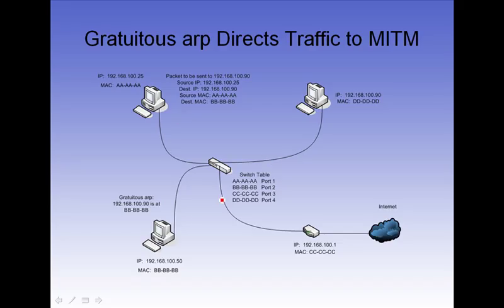But now at some point before the .25 machine wants to send a packet, the .50 machine, where the attacker is sitting, is going to send a gratuitous ARP to the .25 machine saying the .90 machine is at BBBB, and the .25 machine will put this in its ARP cache.